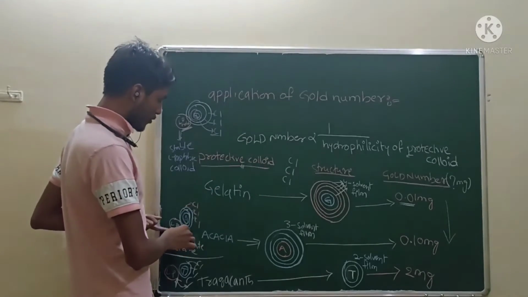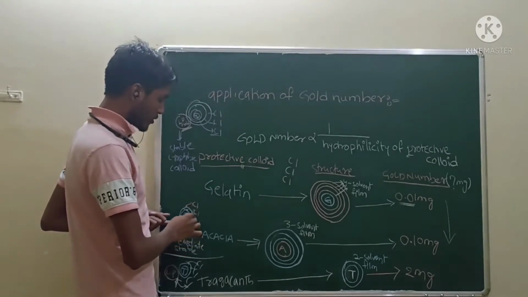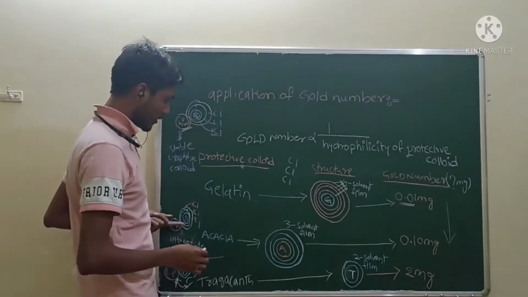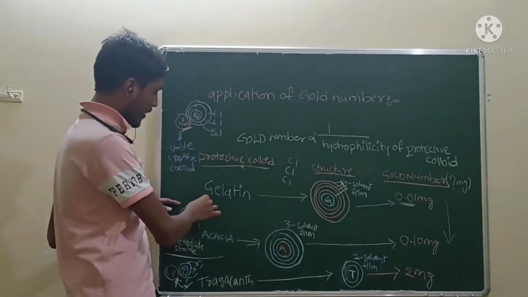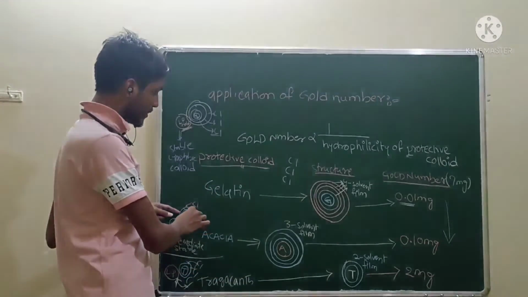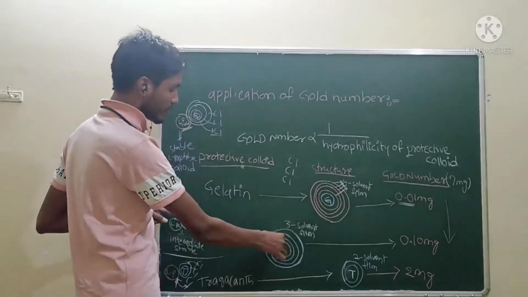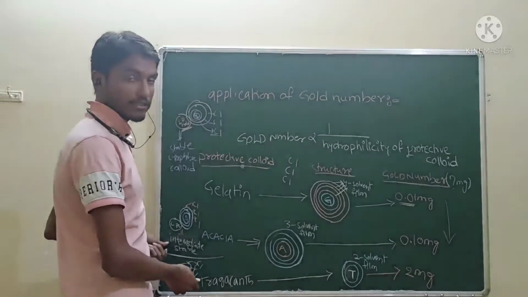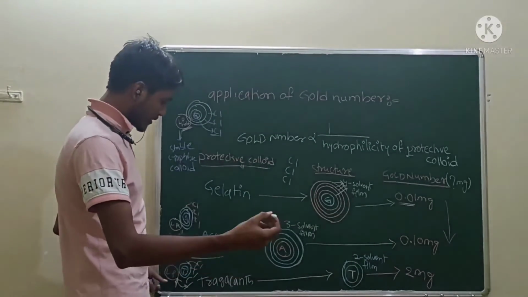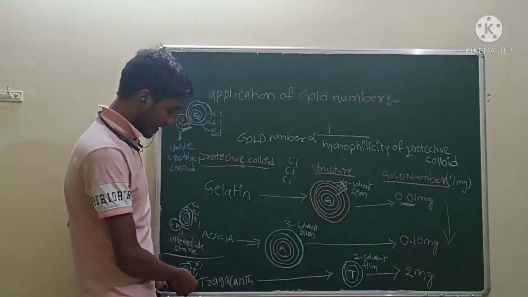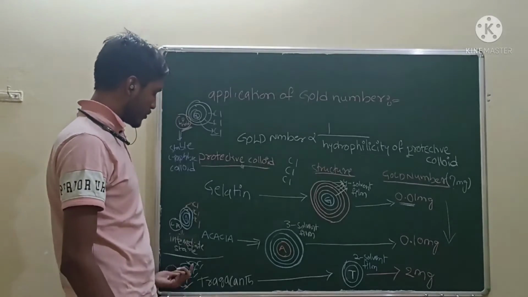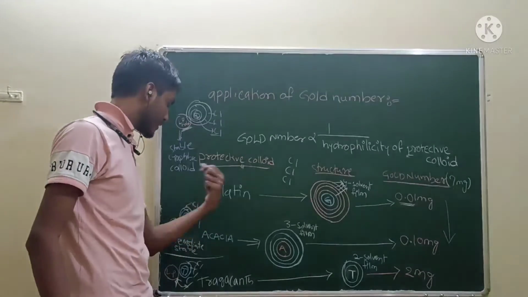Next, the lyophobic colloid is attached with the protective colloid acacia. When I add three chlorides, these three chlorides remove three solvent films from the acacia, leading to intermediate stability. When I add the same three chlorides to the tragacanth containing two solvent films, two chlorides remove two solvent films from the tragacanth.